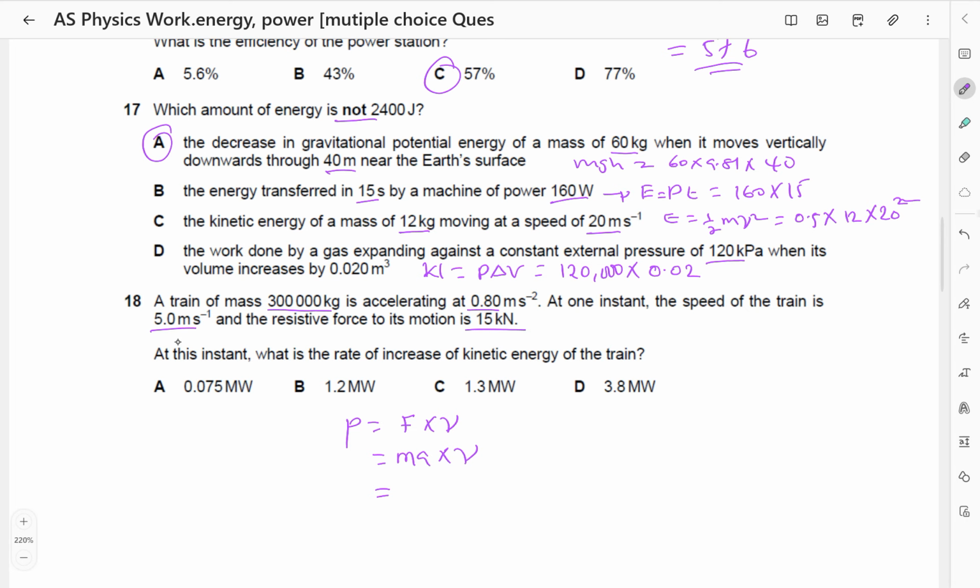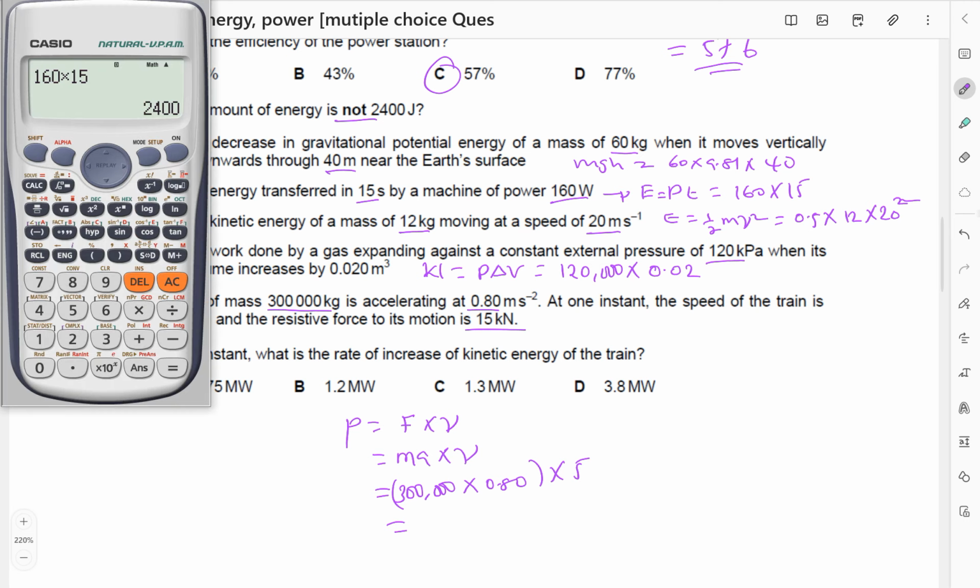Then the mass is 300,000 and it is accelerating at 0.80. At one instant, the speed of the train is 5 meters per second. So this will be times 5.